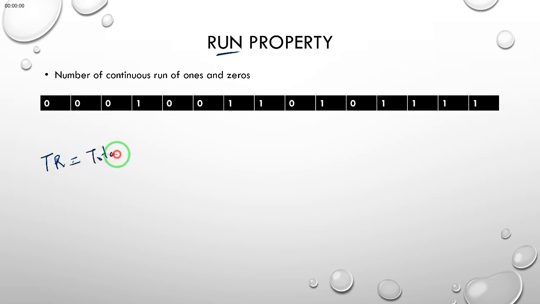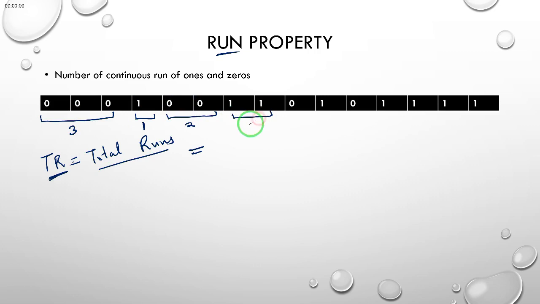One is the total number of runs, which we describe as TR. A run is a sequence of continuous similar digits, which may be 1s or 0s. This is one continuous run of 0, which has 3 bits. The run of 1 appears with only one bit. These are two continuous zeros, so we call it 2.